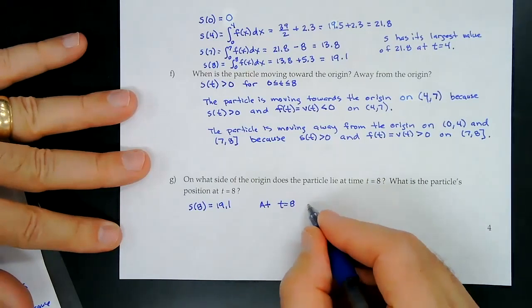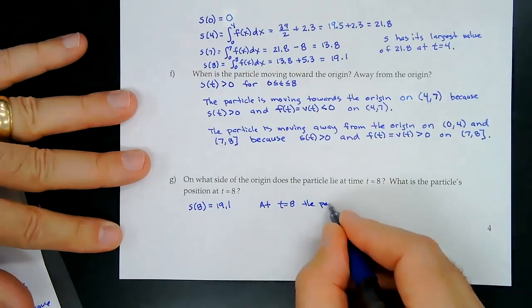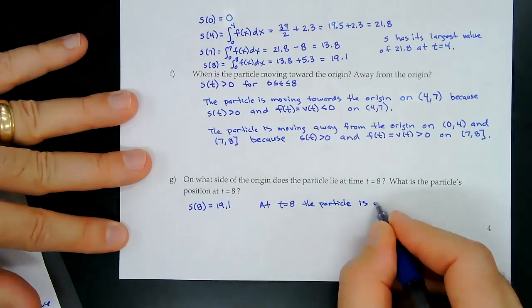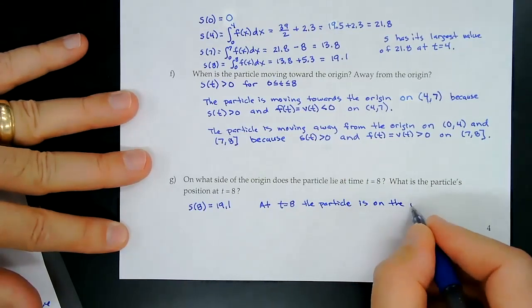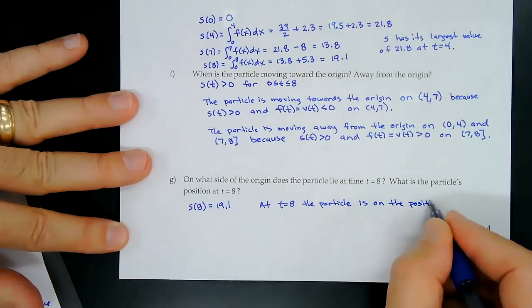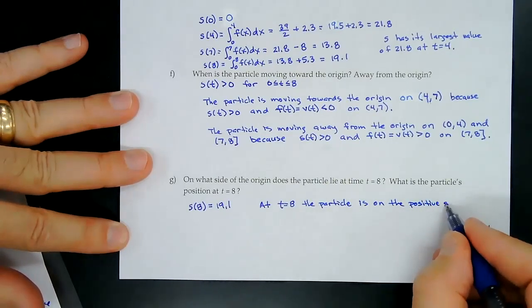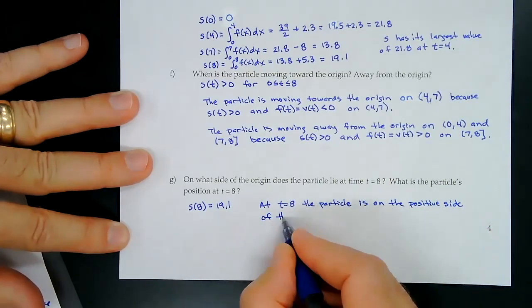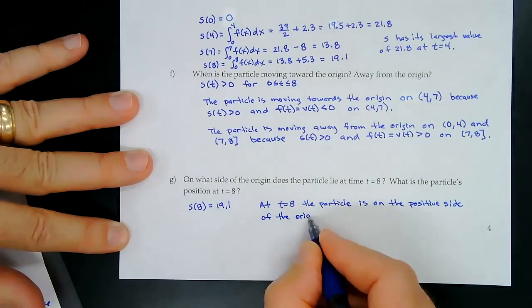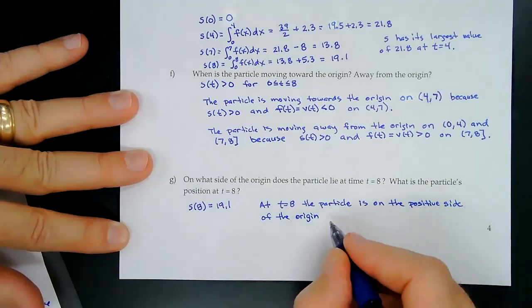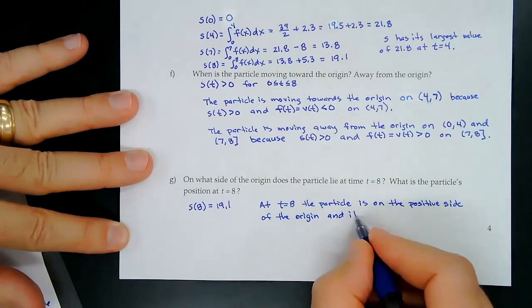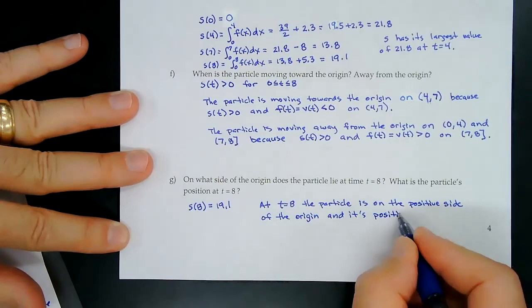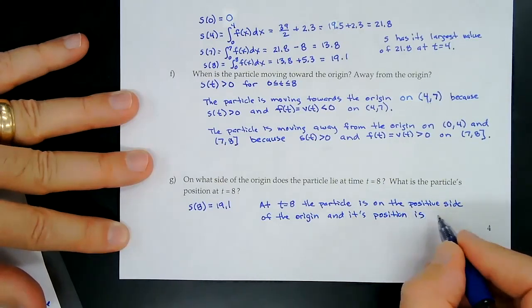So at t equals 8, the particle is on the positive side of the origin, and its position is 19.1.